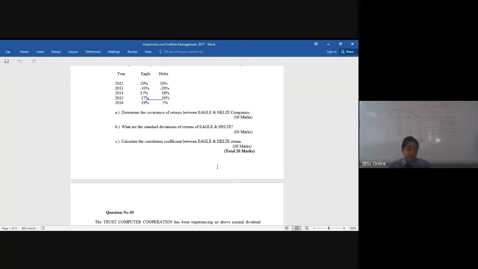Here, the correlation coefficient is 0.869. So therefore, the correlation is very, very significant. We can say the relationship between Eagle and Helix is significant because the correlation coefficient is 0.869. That is how the answer is to be given for this question.